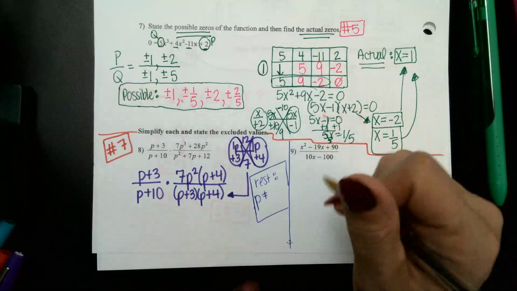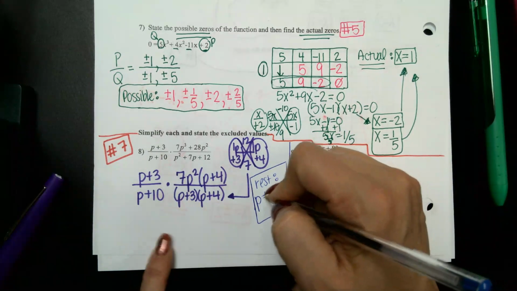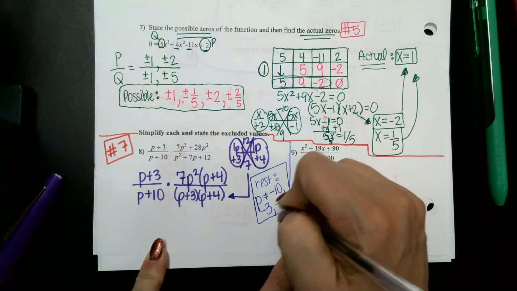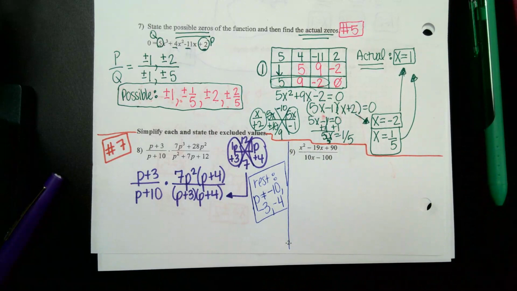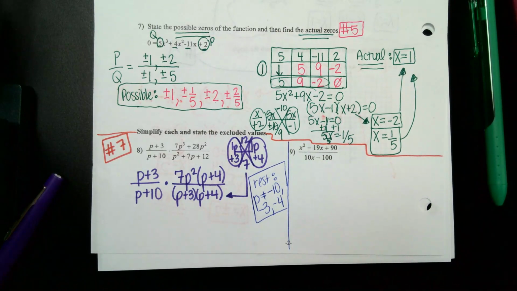Because any of those numbers would make the denominator 0, and you can never have that. So P is not allowed to be -10, -3, or -4. And those restrictions are important on this one just because we're not really solving anything, we're just simplifying.